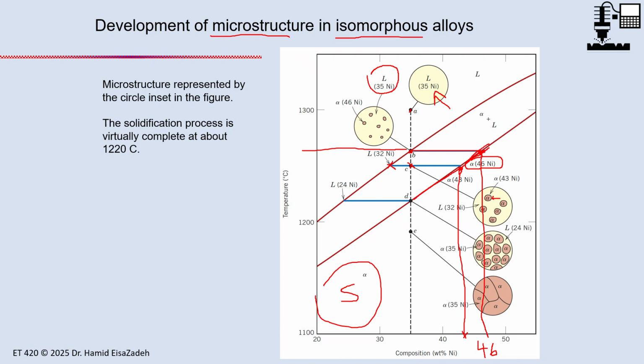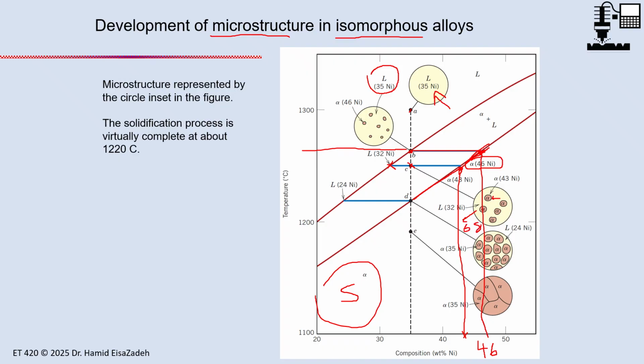When we say 32% nickel, how about copper? If you want to find out how much copper you have in that nickel, you just need to subtract this amount from 100. Then you can find out how much copper you have in there. So if you subtract this amount, you can find this is 68% copper, right?